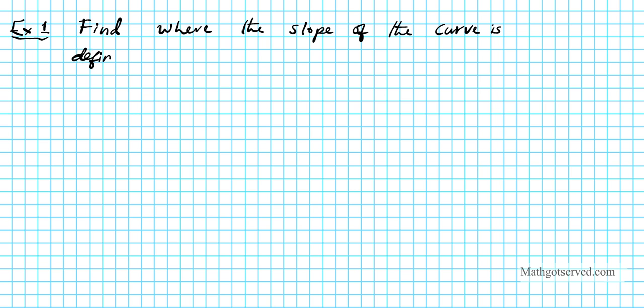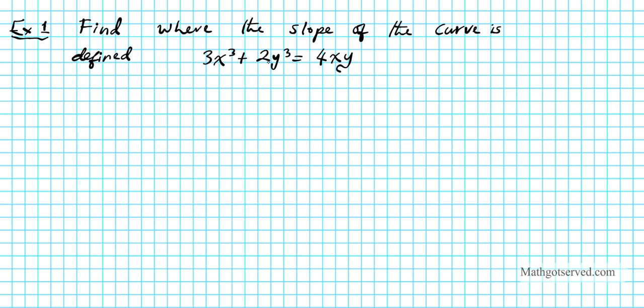And the curve under consideration is a curve implicitly defined as 3x to the third plus 2y cubed equals 4xy. Okay?